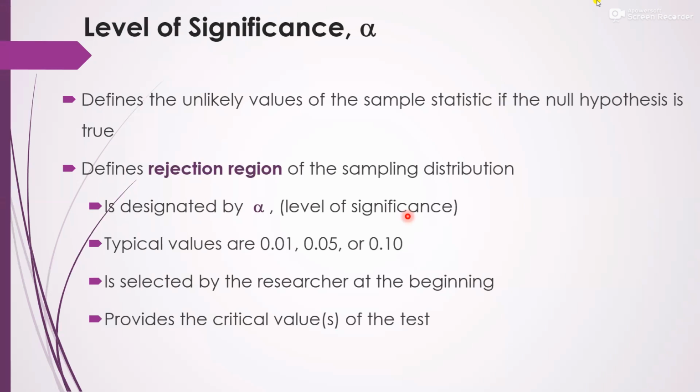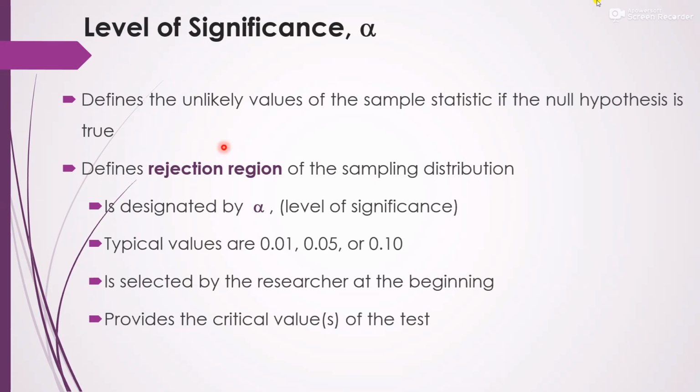Usually we take the level of significance as 0.01, 0.05 or 0.10. This level of significance is selected by the researcher at the beginning of the test.